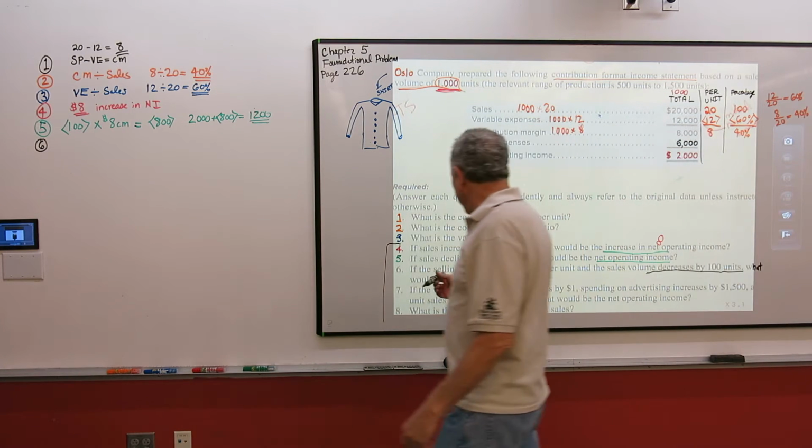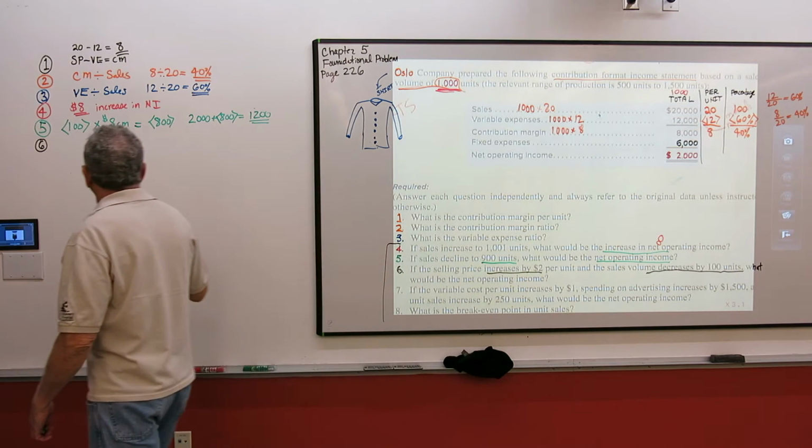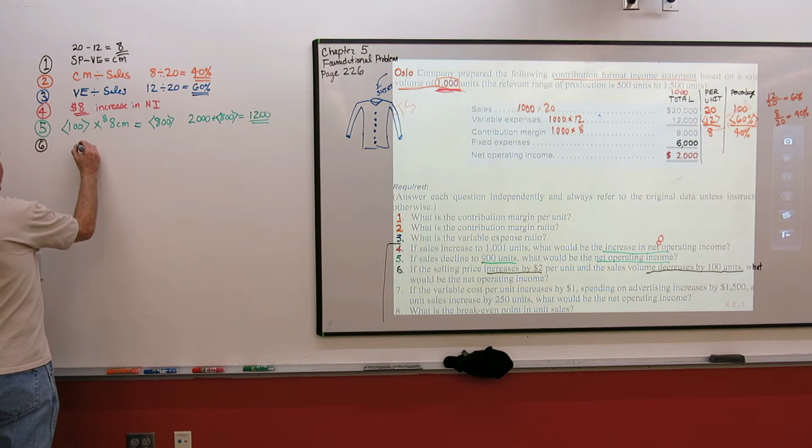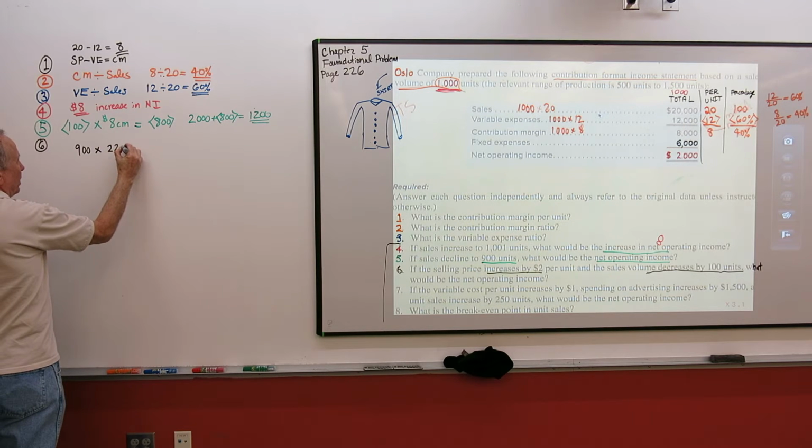Let's go ahead and go over here to 6. We know we're going to go to 900, but we're going to take that times, we know that the new selling price will be 22. The old variable expenses are 12, so this is the new selling price minus the variable expenses.